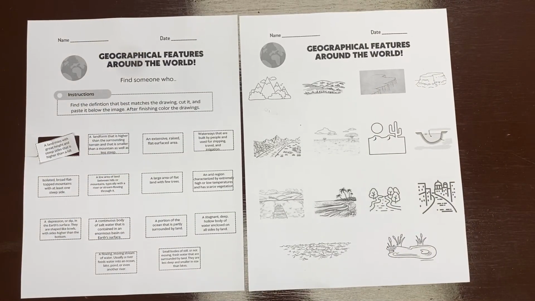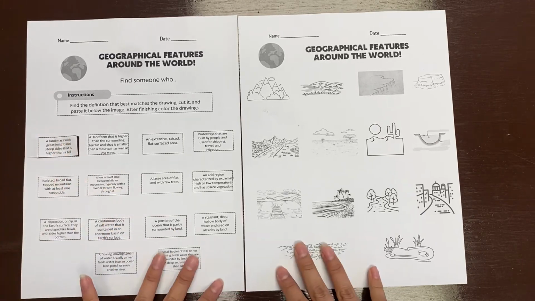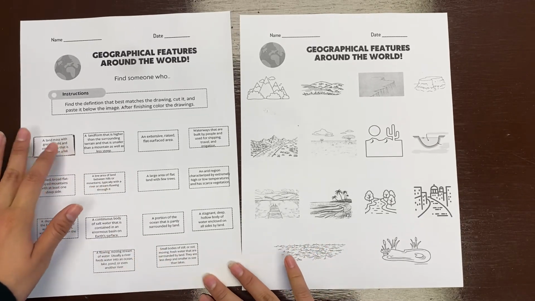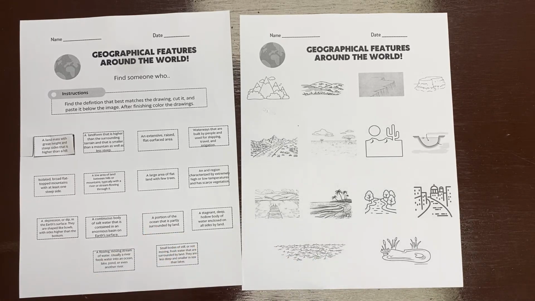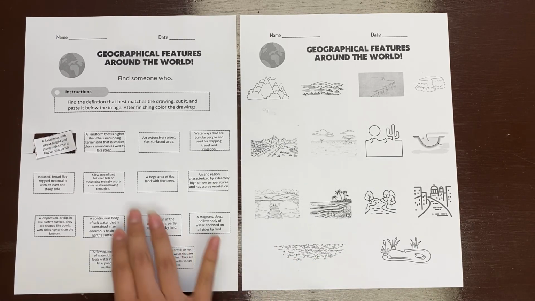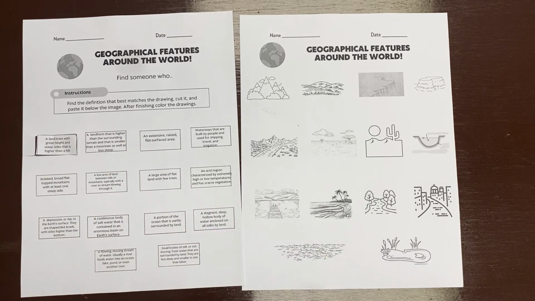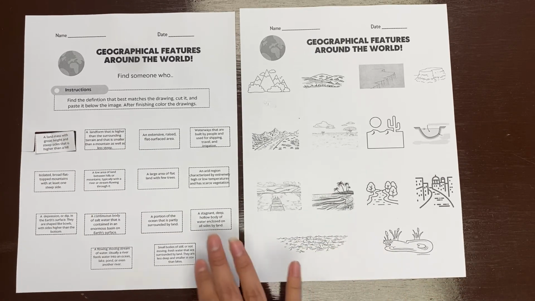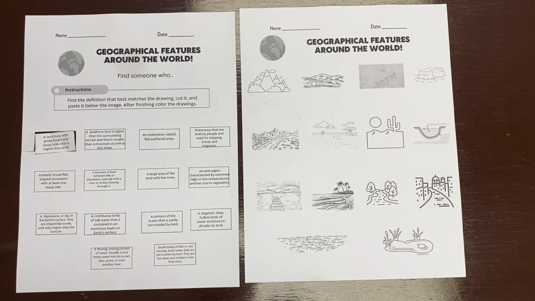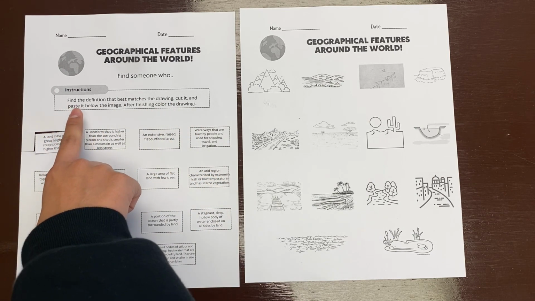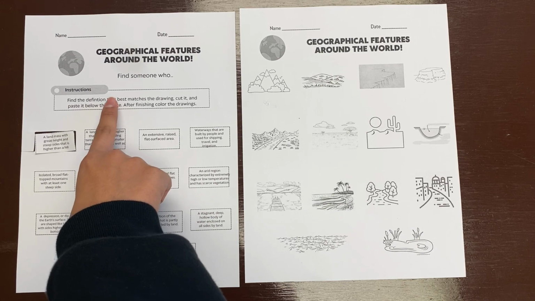The first worksheet that will be handed to my students consists of 2 papers. Students will practice their knowledge on the definitions, and as the instructions say, find the definition that best matches the drawing, cut it and paste it below the drawing.